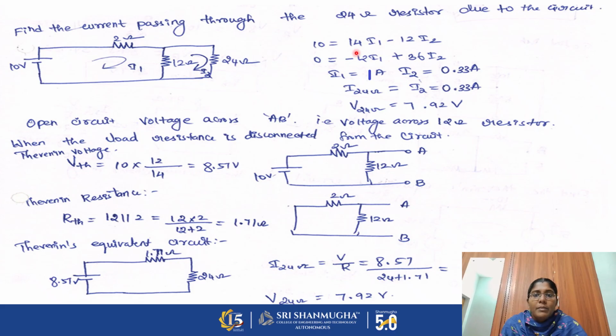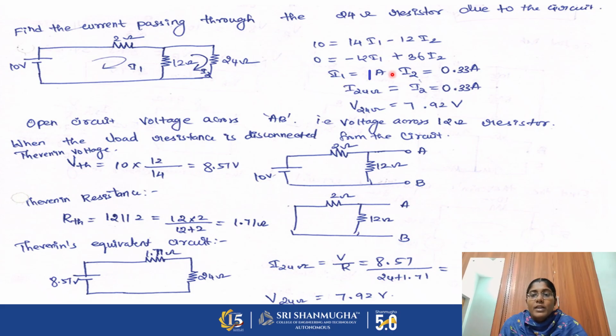So 14I1 minus 12I2. And if you are applying mesh analysis to the second mesh, here we have minus 12I1 plus 36I2, which is equal to, here there is no voltage source, so you can write as 0 here. So by solving these two equations, you can get the value of I1 and I2.